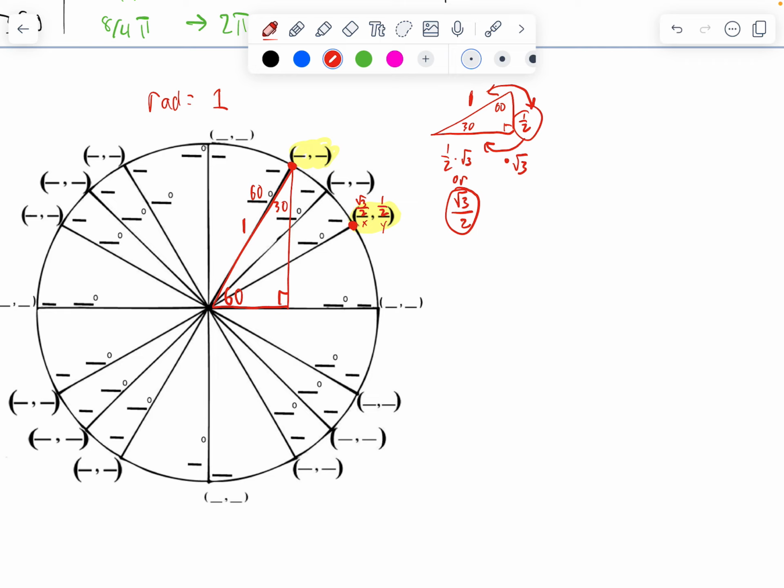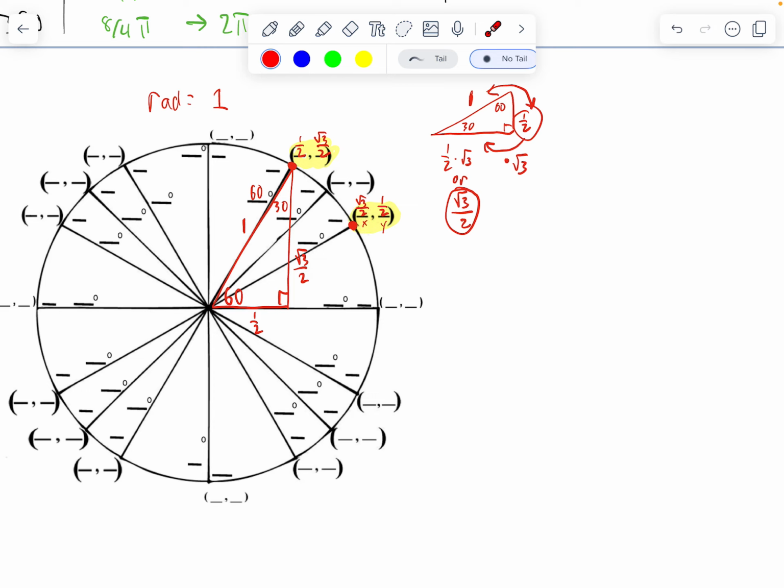So we know that this is 60 degrees and this is 30. Well, this is just another 30, 60, 90 triangle. And so we know the short side is 1/2 and the long side is square root of 3 over 2. So let's fill in our x and y. The x value is the horizontal, 1/2, and the y value is root 3 over 2.